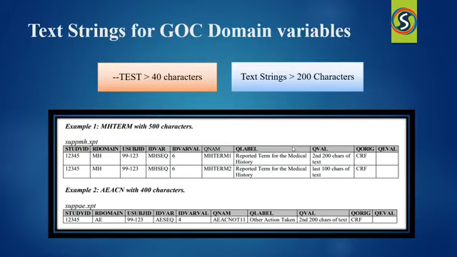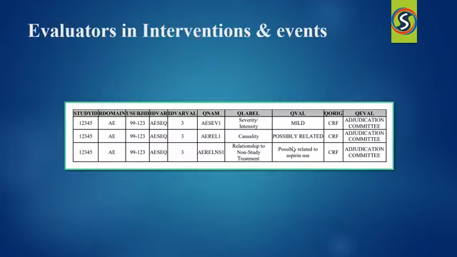So evaluators are also observed, based upon the exceptions to be followed for your comments as well as your trial summary dataset. Now let's also discuss the evaluators in the interventions as well as events observation classes.